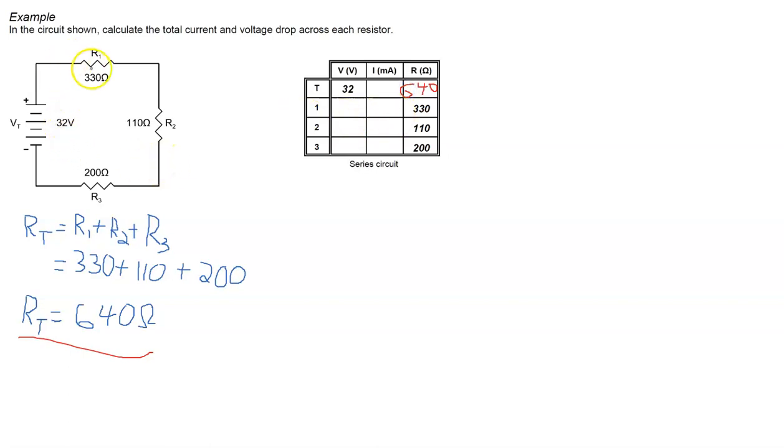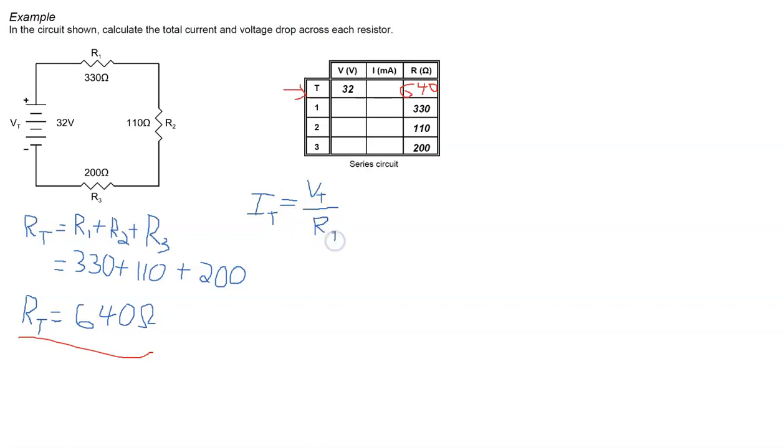Okay, 640. Now, we've got 2 pieces of information about the circuit, and that means we can apply Ohm's law to the totals. Ohm's law says that the current produced will be equal to the voltage applied divided by the opposition to the production of current.